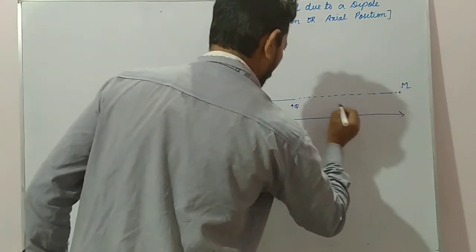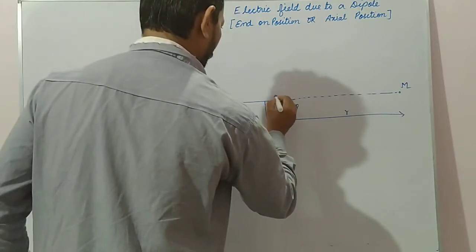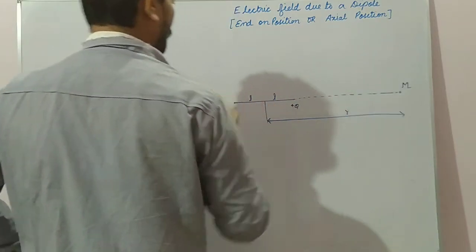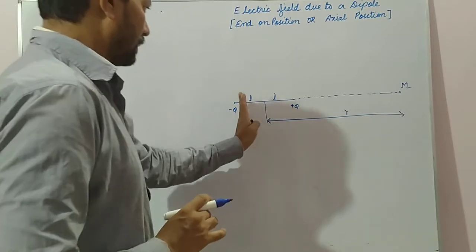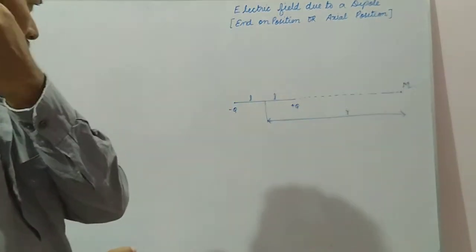This is l, this one is l from the center, so the dipole length is divided into two parts.